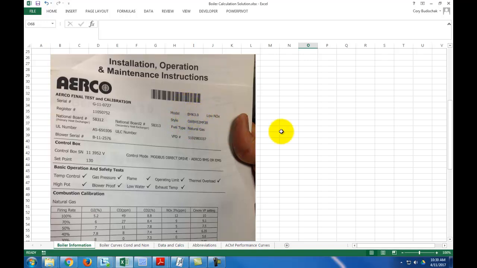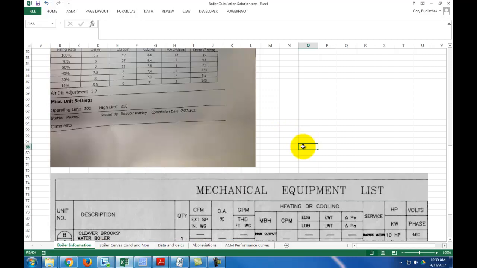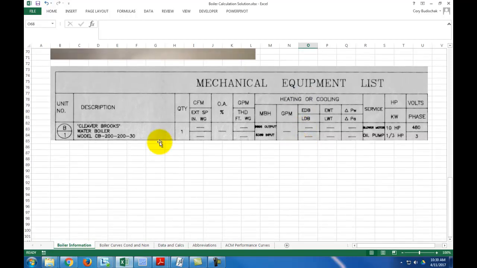It's the BMK 3.0. Okay, and then we look at the blueprints, and it doesn't have the Kiwani boiler. It has a Cleaver Brooks boiler, but I'm pretty sure that the Kiwani boiler either replaced this, or maybe they had written this in, and these were not the built mechanicals, but the ones that they spec'd out.